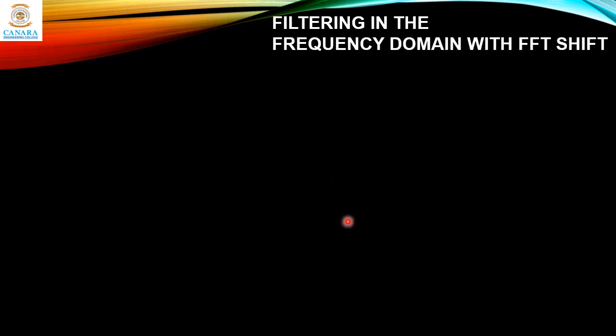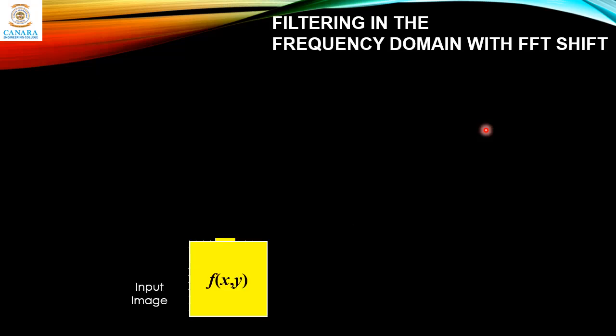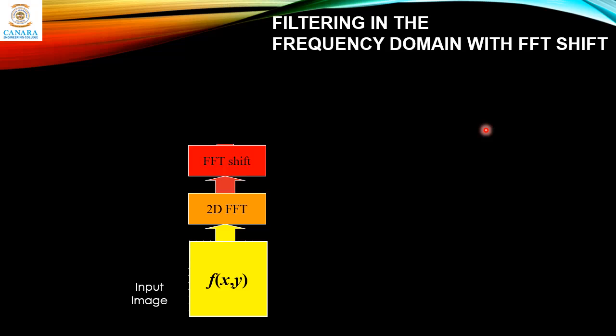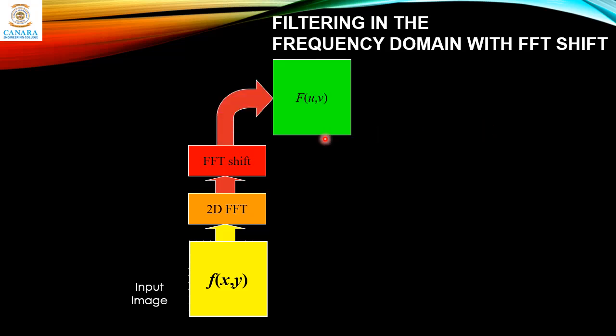So let us see what happens in that filtering in depth, with another illustration. We have an input image f of xy, and then we take the 2D FFT, two-dimensional FFT, and then we need to perform the FFT shift as we studied in the previous lecture, and then we obtain this F of uv, which is the frequency domain representation of the input image.